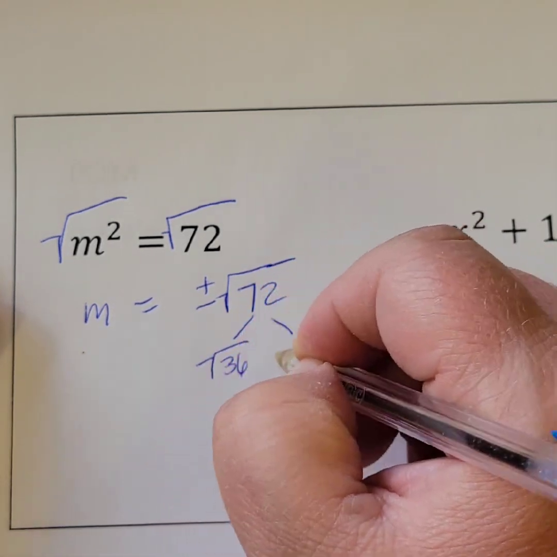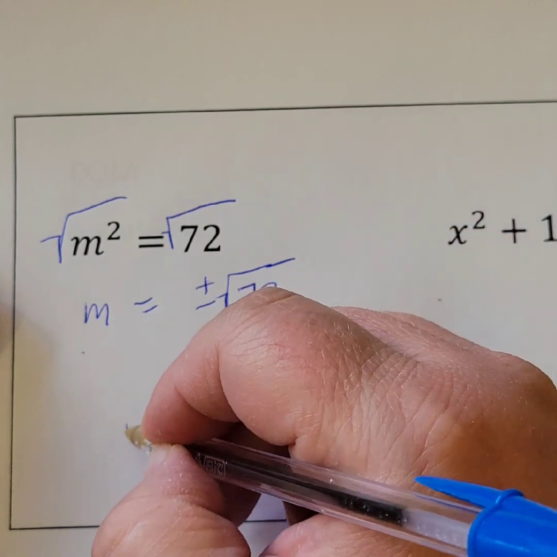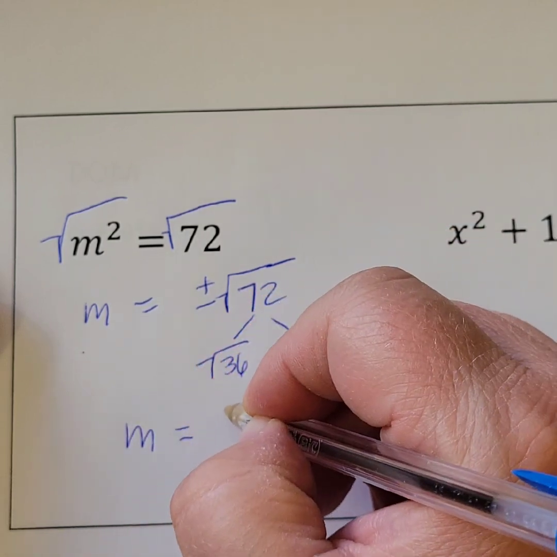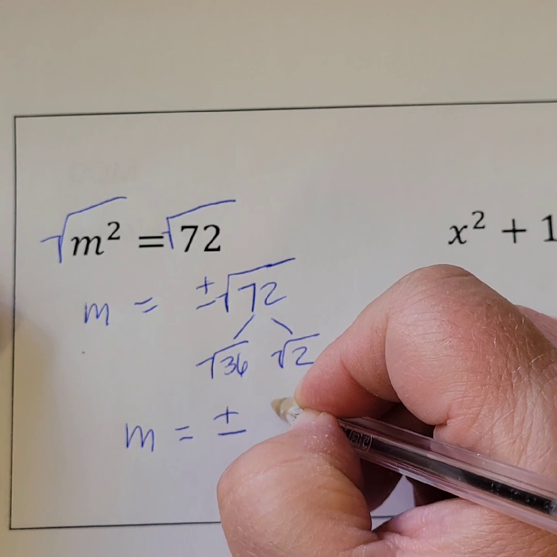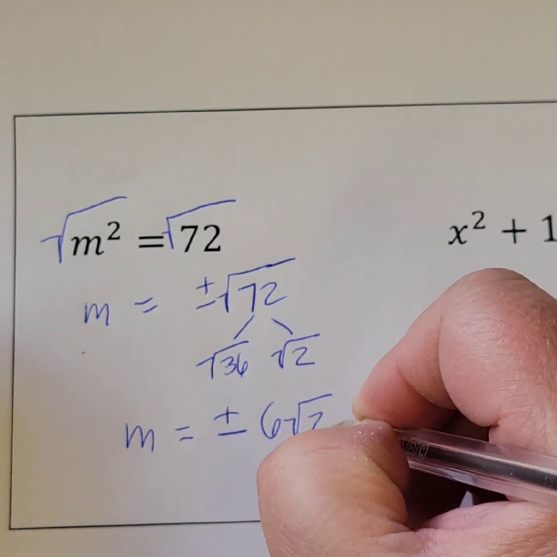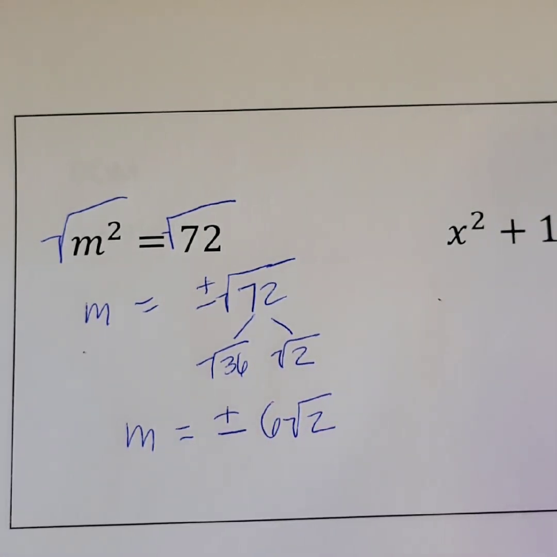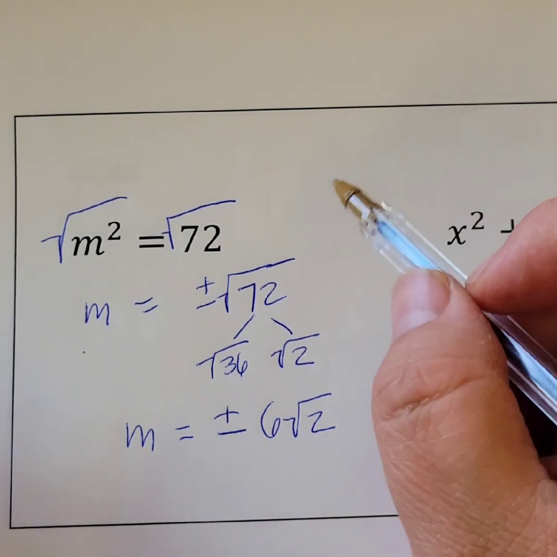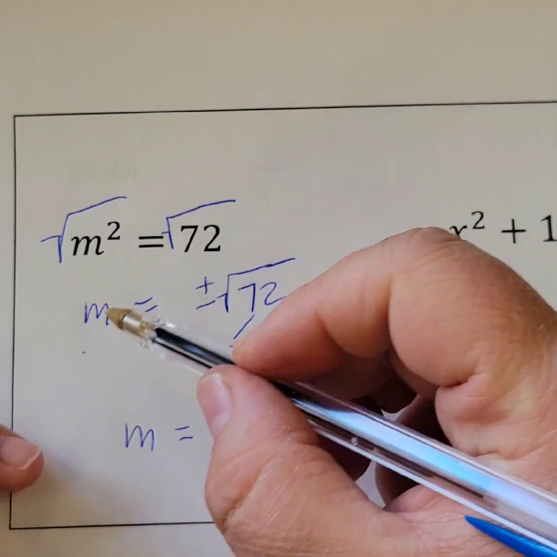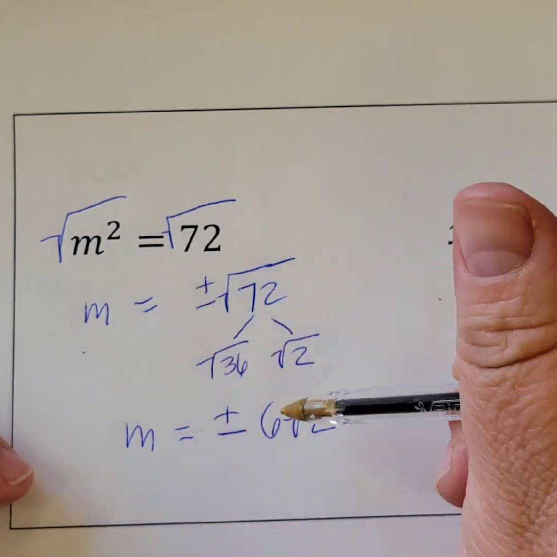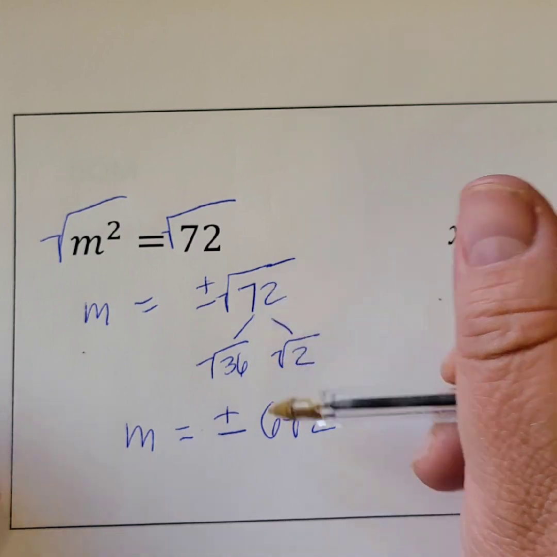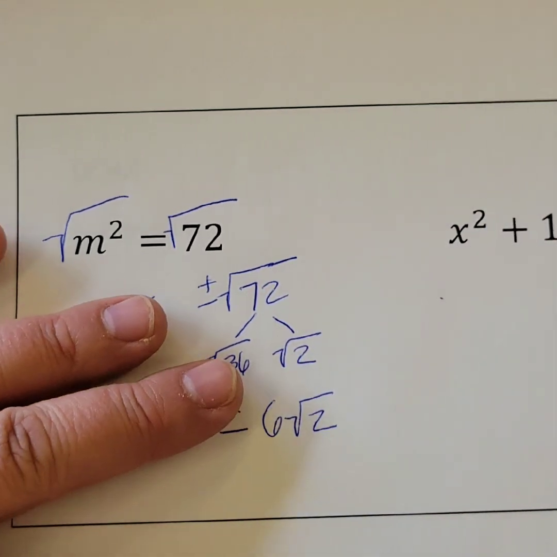So 36 and 2. So m equals plus and minus 6 square root 2. And the reason the 6 isn't over here is it wasn't something that was brought over. It's actually part of the 72. So that would be the answer.